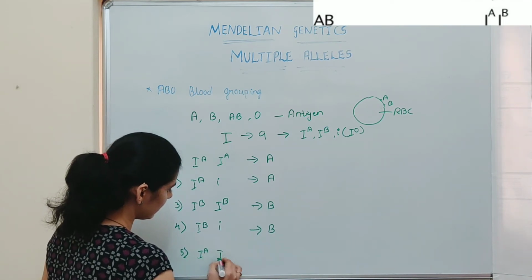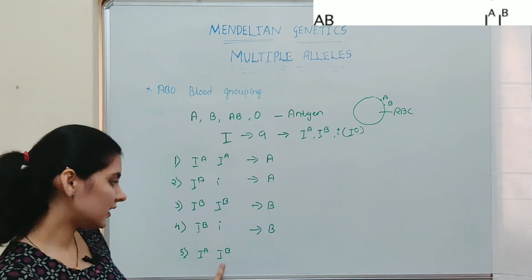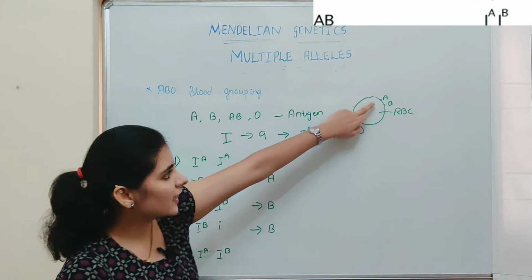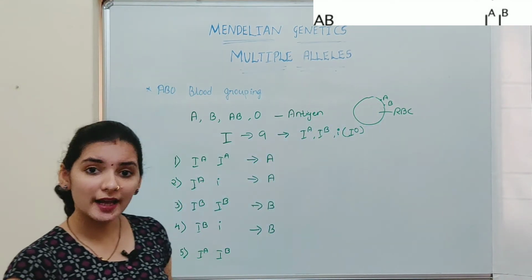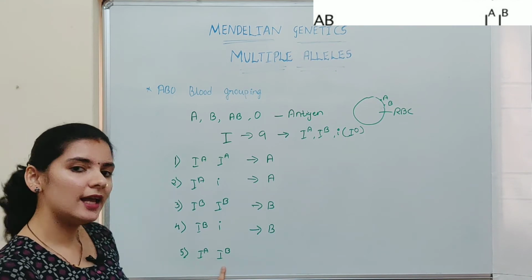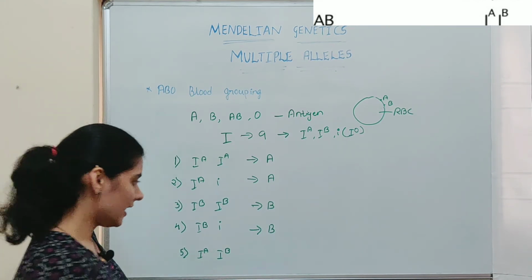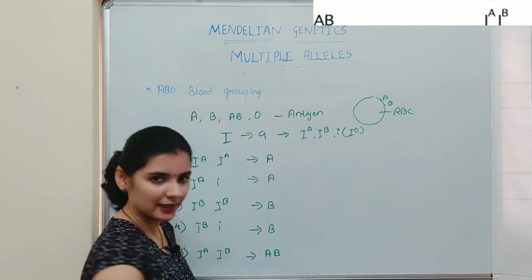So next is IAIB. So it is a heterozygous condition and both alleles are dominant. So the IA allele has the capacity to produce A antigen. The IB allele has the capacity to produce B antigen. So both alleles express their own sugar on the plasma membrane of RBC. As a result, the blood group of the individual is AB.